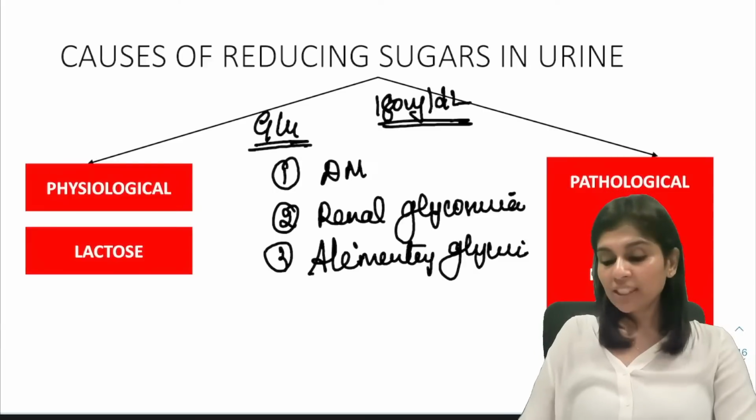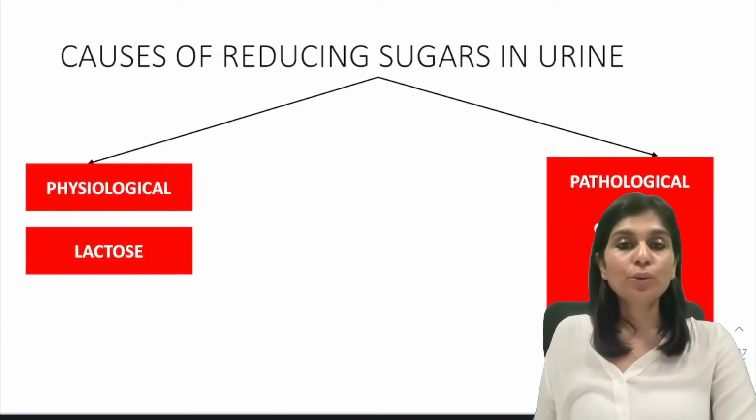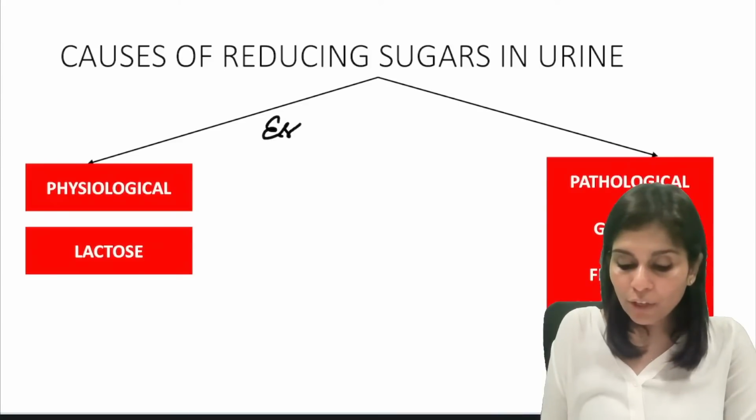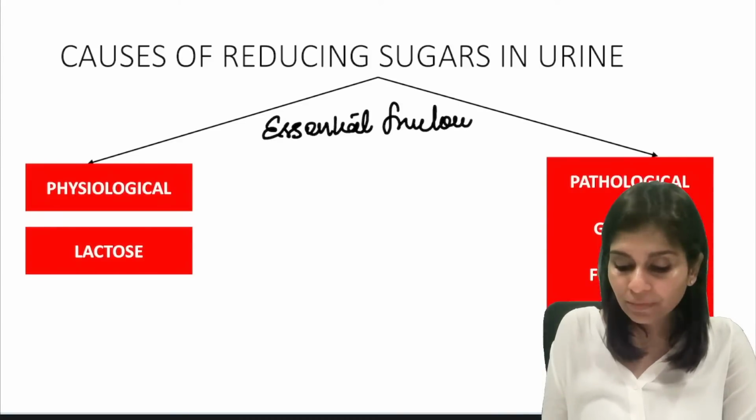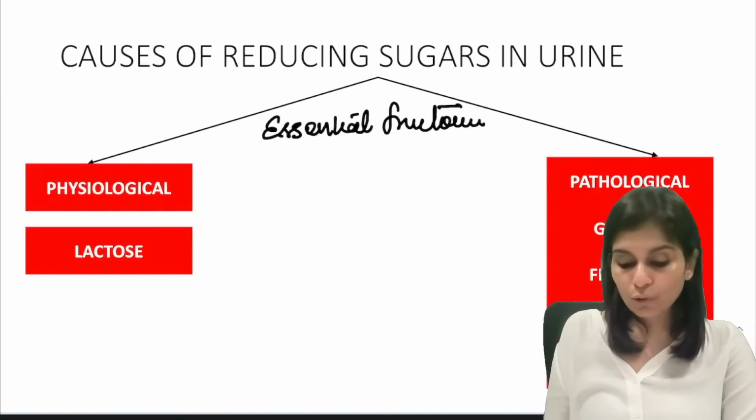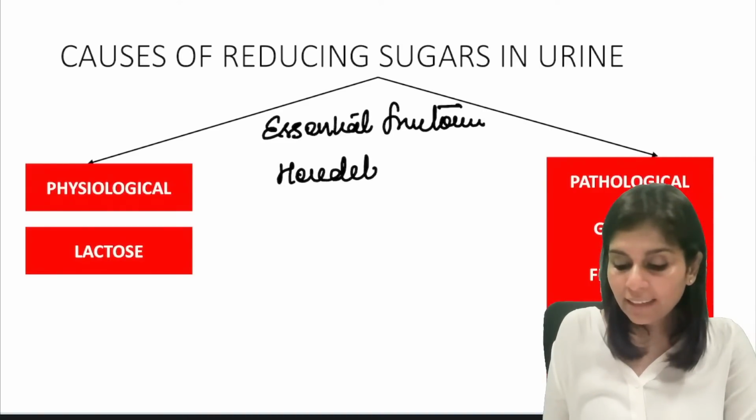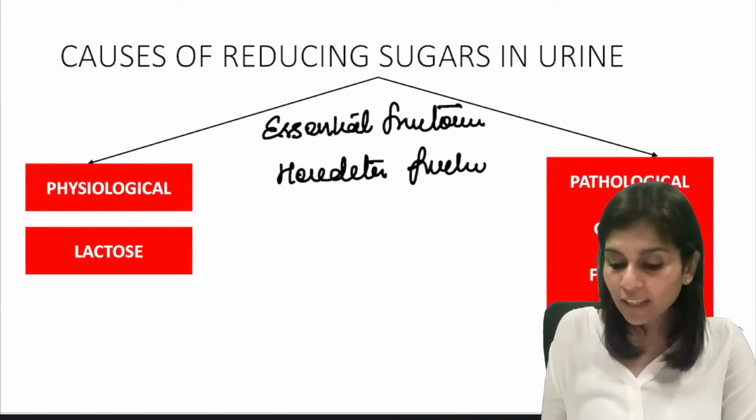Now, what are the conditions wherein fructose can be found in urine? Fructose can be found in urine in two conditions. One is essential fructosuria. The other one is hereditary fructose intolerance.